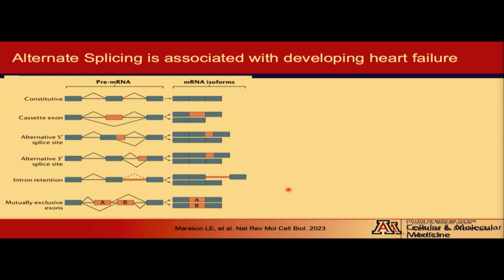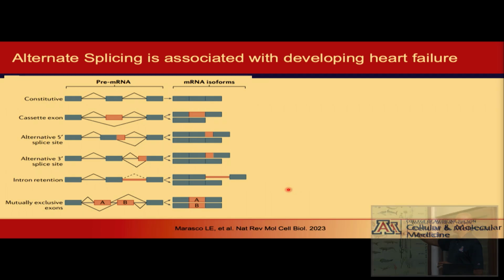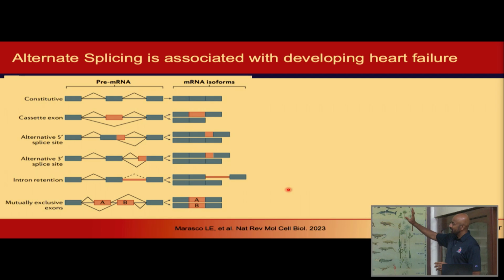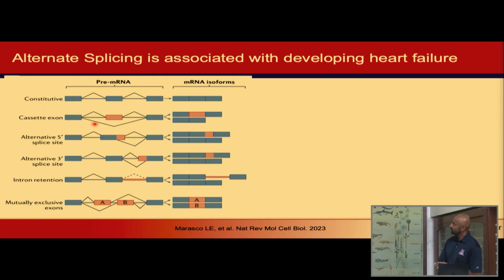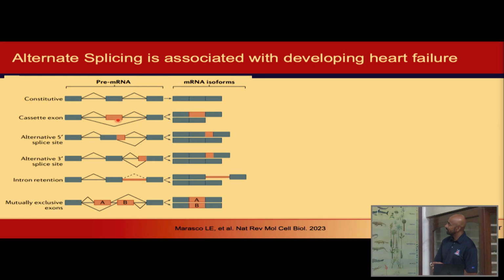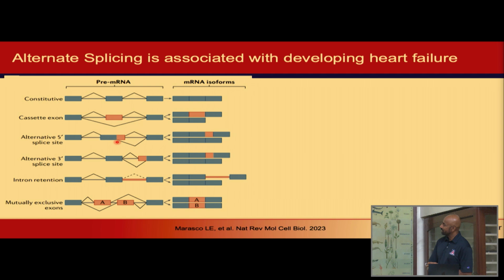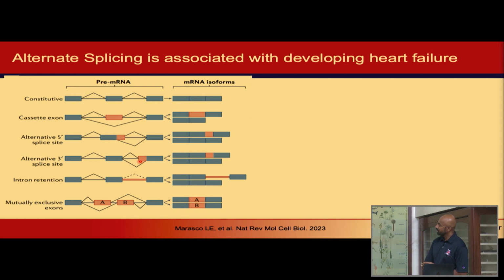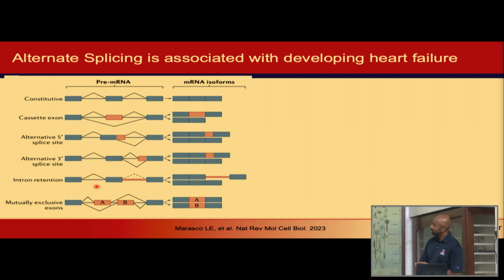In the literature you can see various altered splicing in heart failure and in any kind of disease process. From pre-mRNA you can have normal splicing, and then complete exon skipping, altered 3 prime, altered 5 prime, intron retention, and mutually exclusive exons.